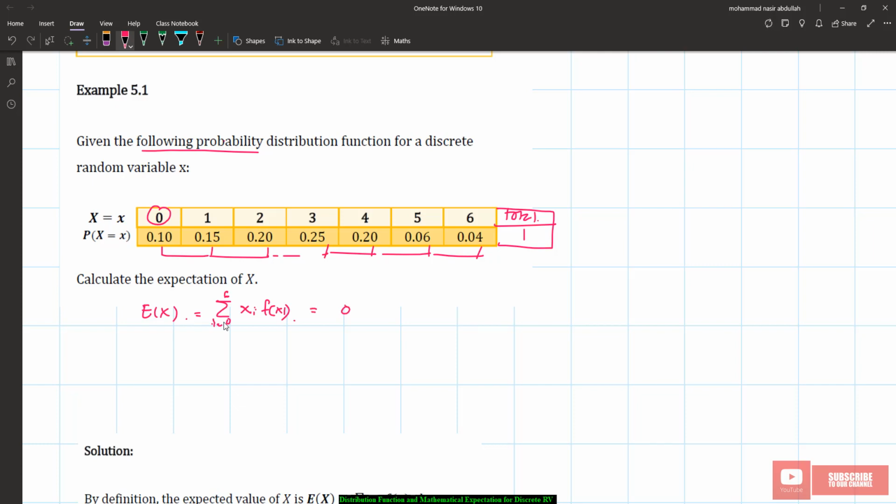So this one should be 0 multiplied with 0.1 for the first one, plus 1 multiplied with 0.15, plus 2 multiplied with 0.2, plus 3 multiplied with 0.25, plus 4 multiplied with 0.2, plus 5 multiplied with 0.06, plus 6 multiplied with 0.04, right?